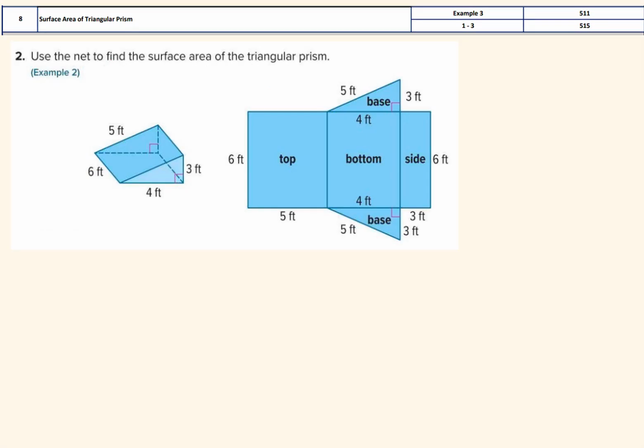In this question, we're going to discuss the surface area of a triangular prism. Well, here, of course, you can find the area of each part: the area of the top, the area of the bottom, the area of the side, and the area of the bases. It's enough to find the area of one base and then multiply the answer by 2, because the bases are identical.